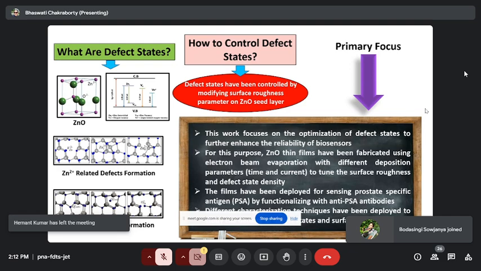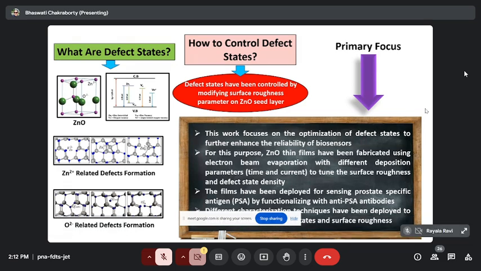Here, in the hexagonal close packed structure, half of the tetrahedral sites are occupied with zinc atoms, and all the octahedral sites are empty. That promotes many ionic defects like zinc interstitials and oxygen vacancies. If we cannot control these defect states, they can hamper mobility, the on-off ratio, as well as the transconductance of the device.